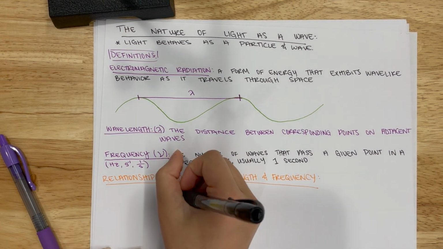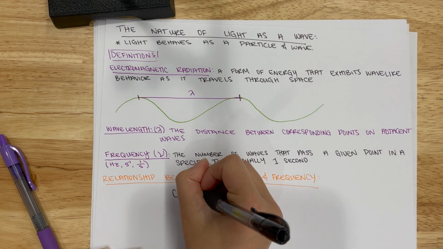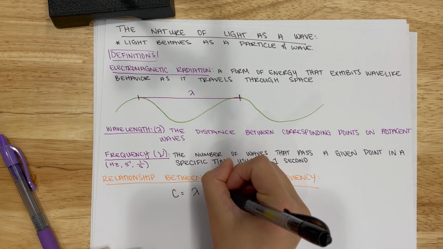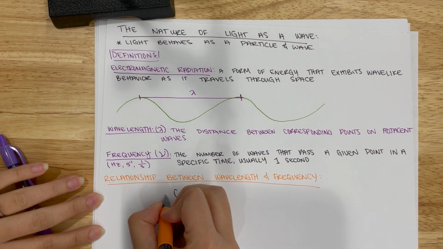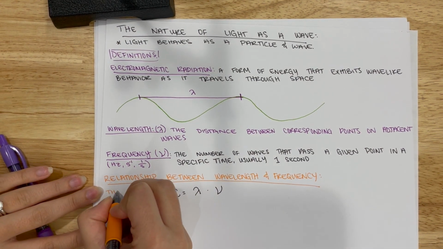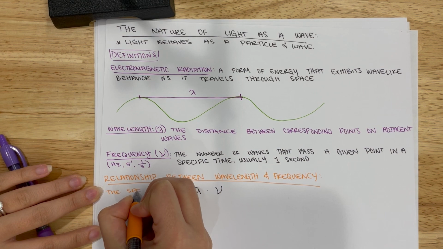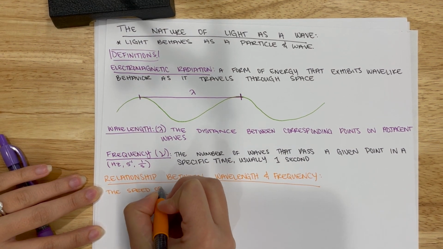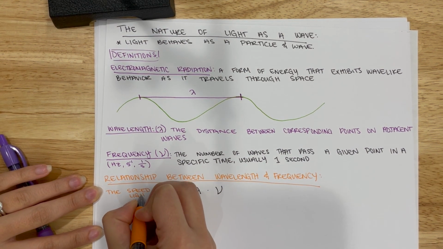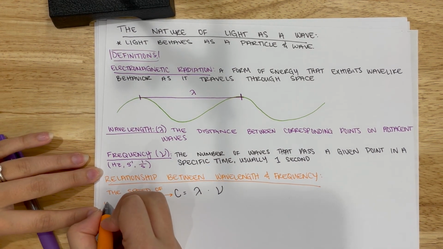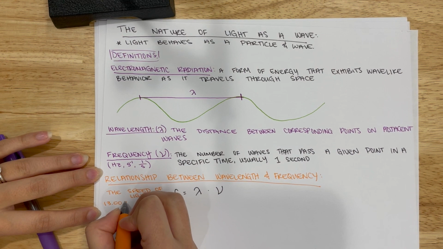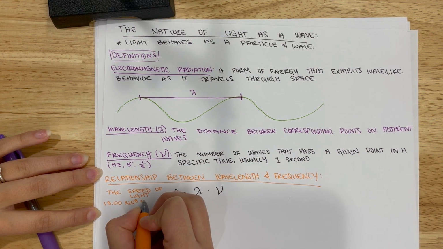Our equation is c equals our wavelength multiplied by our frequency. c is the speed of light. Some of you may have this number memorized. If you don't, that's totally okay. This is a constant. It's 3.00 times 10 to the 8th meters per second.